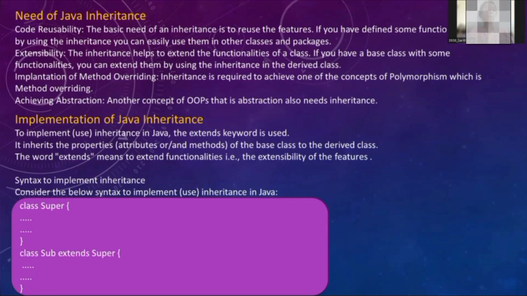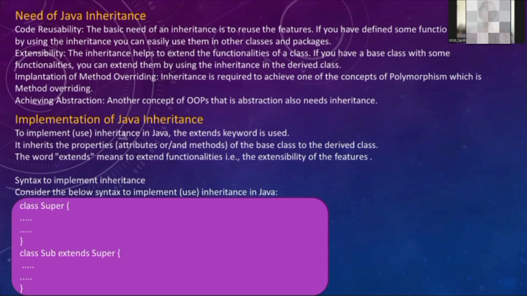The next is implementation of Java inheritance. To implement inheritance in Java, the extends keyword is used. The extends keyword inherits the properties, that is attributes or methods, of the base class into the derived class. The word extends means to extend the functionalities, that is the extensibility of the features.